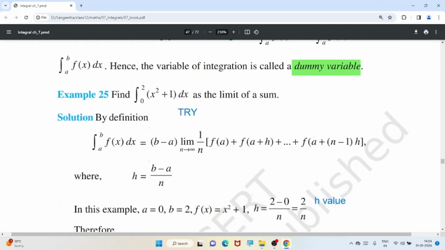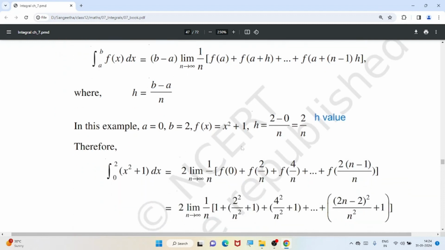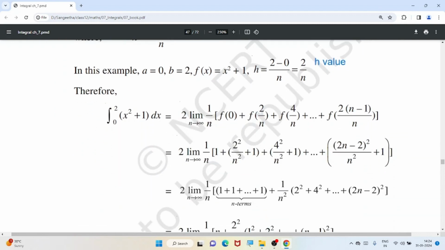Now we are going to apply a definite integral within 0 to 2. We use the limit b minus a. b is 2, a is 0, so that is 2. So h equals 2 by n, where n tends to infinity. The step is 2 by n, because this is h: 2 by n, 4 by n, 6 by n will come.